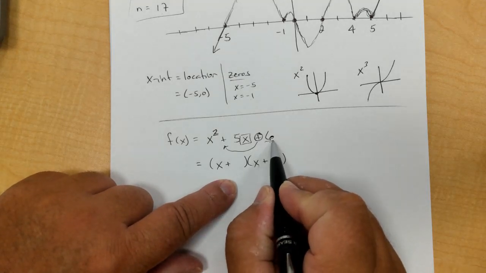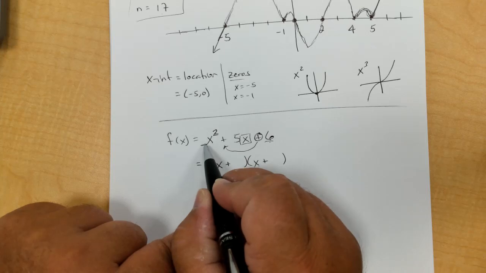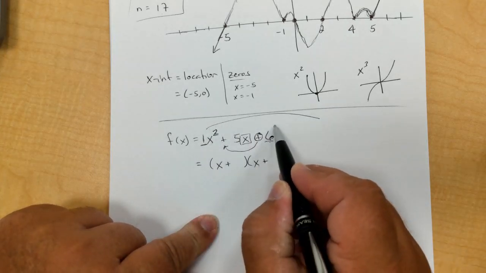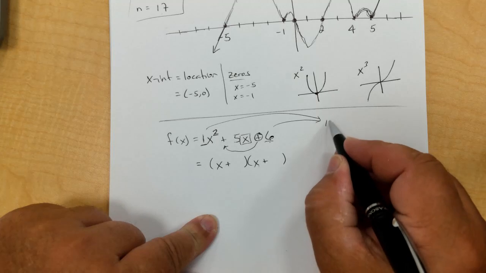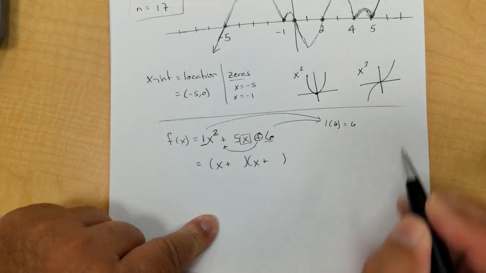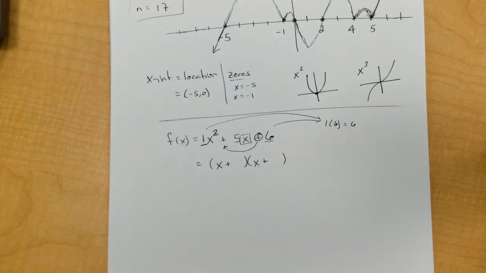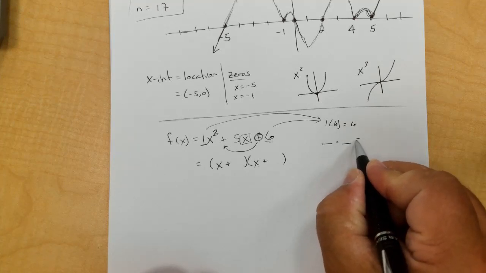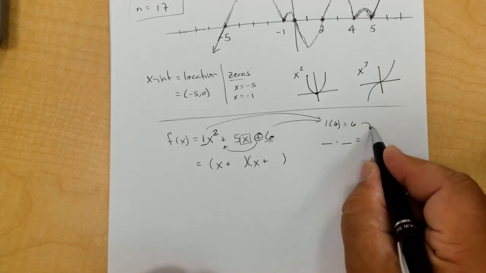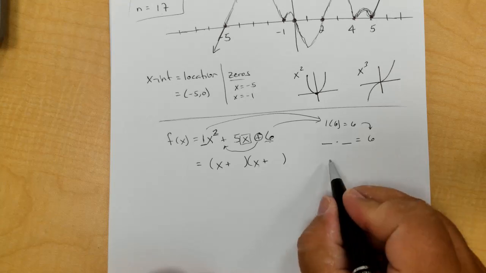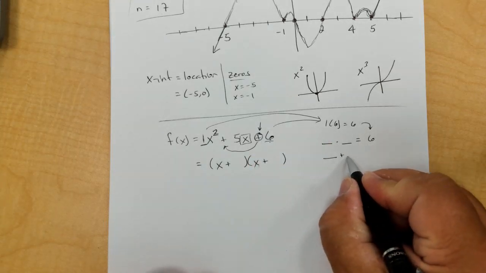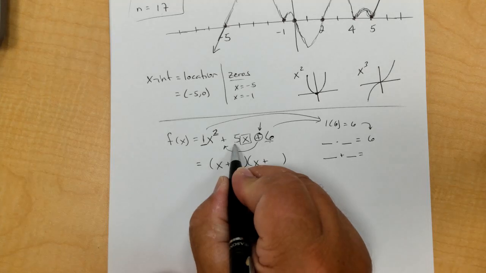What we have to do here is take the first term, which is 1, and the last term, and multiply them together. Now from there, we've got to find what two numbers multiply to give you 6, and, since this is plus, when you add them, you get the middle number.